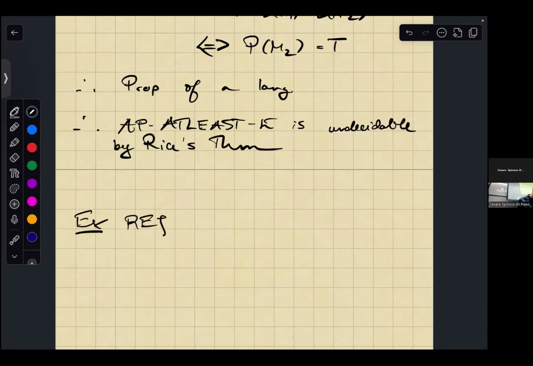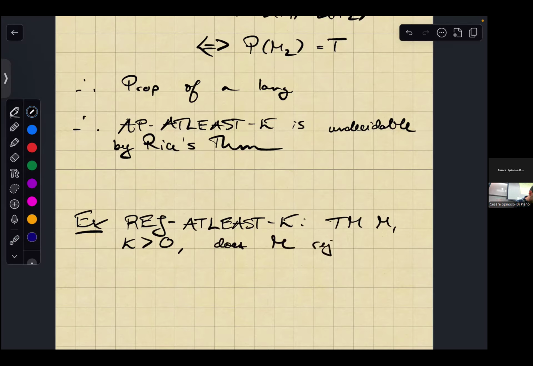The language is going to be reject at least K. So very similar to accept at least K. You have a Turing machine and a positive integer K. But now the decision problem is, does M reject at least K strings?